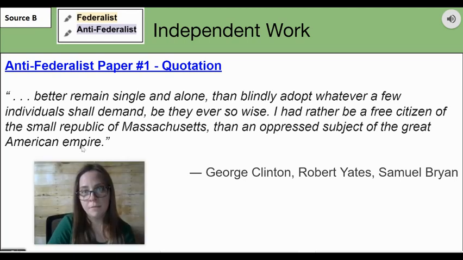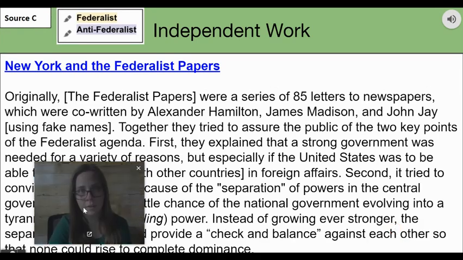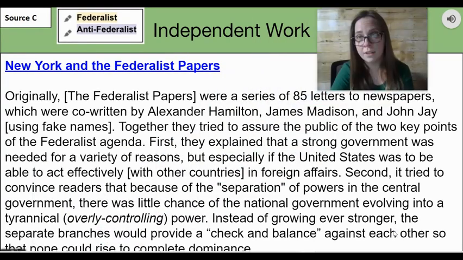So we're going to see some information here that are going to be supportive of Anti-Federalist, if they're saying it. We see source C, New York and the Federalist Papers. We see John Jay in here. He was a Federalist, so we're probably going to see some information supporting the Federalists in this document.